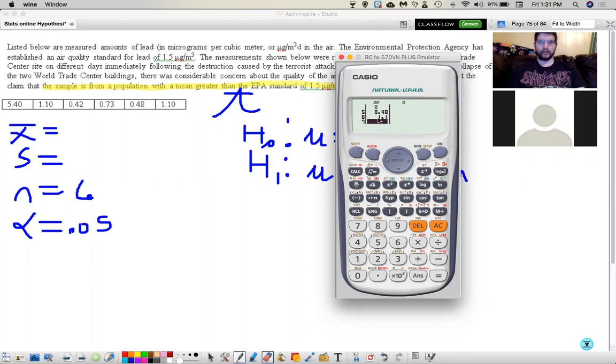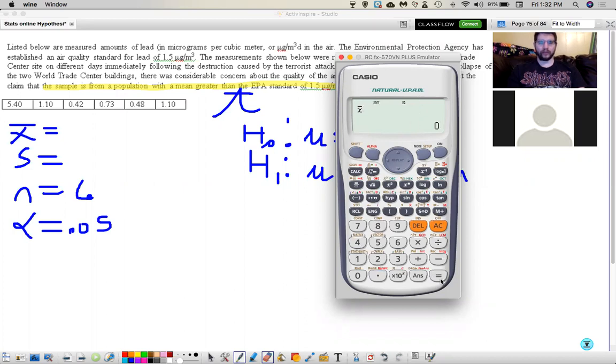And I have 6 data values, so that's looking good. I'll hit AC to get out of there. And then I'm going to go to shift number 1. I need those variables. I need X bar and I need S. We don't want sigma. That's not what we need. That's estimating sigma. We don't do that. We're going to use number 2 and 4.